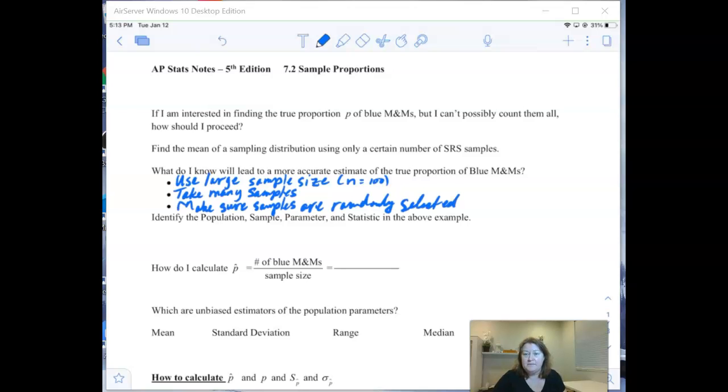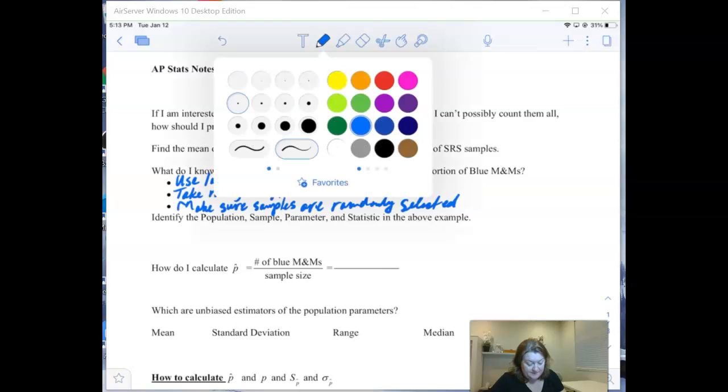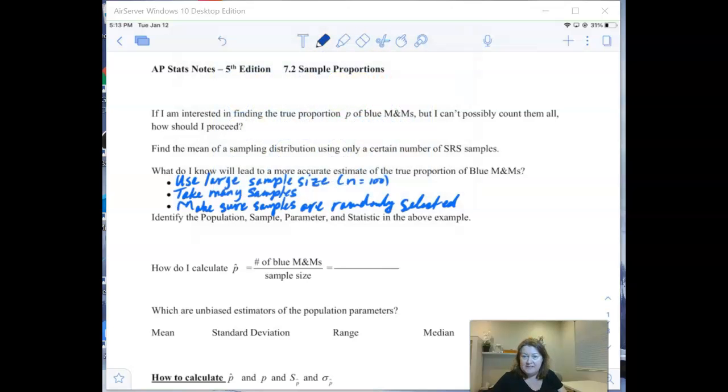Okay, cool. So in this example, let's see if we can identify the population, sample, parameter, and statistic. Remember that the population is the who's or the what's, and the parameter and the statistic are the numbers. Let's see, what am I taking a sample of?